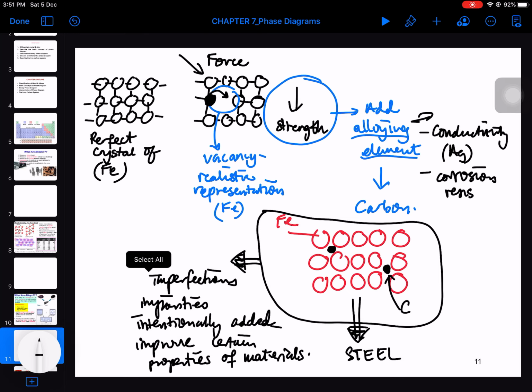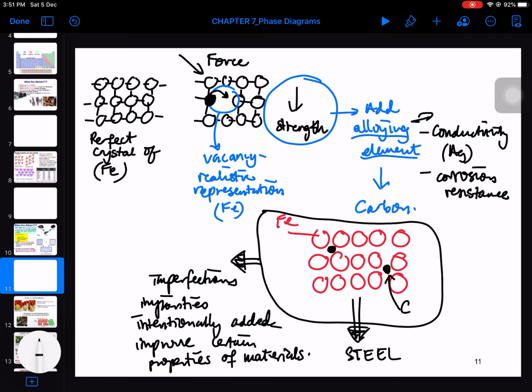There are a lot more alloying elements that can be added in small percentages to metals in order to improve certain properties of the metals. So this is the basic concept of alloy.